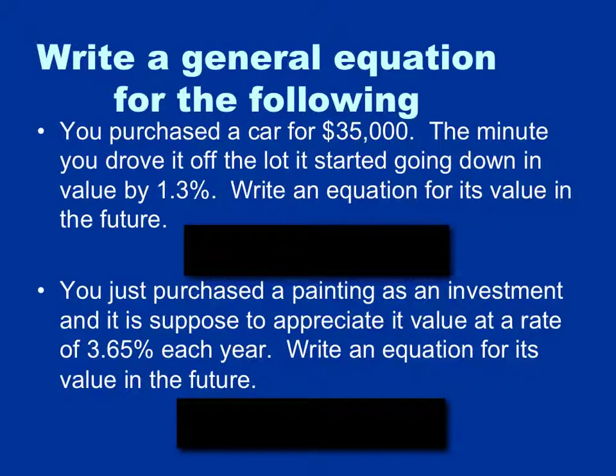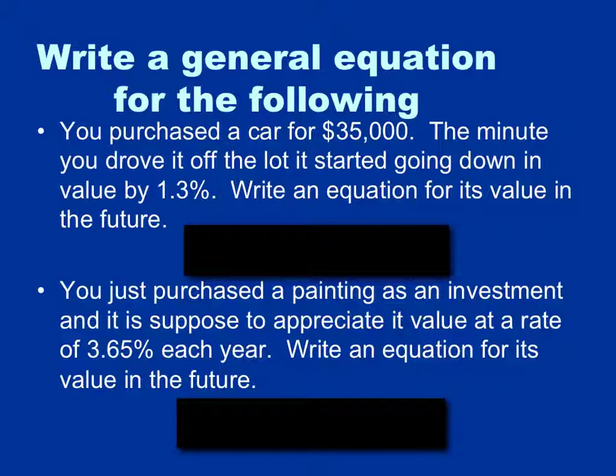Okay, let's write an equation. Let's practice writing the equations for word problems. Let's look at the first situation. It says you purchased a car for $35,000. If you were in the U.S., some of you would be able to drive a car because you're 16. So let's say you purchased a car for $35,000.